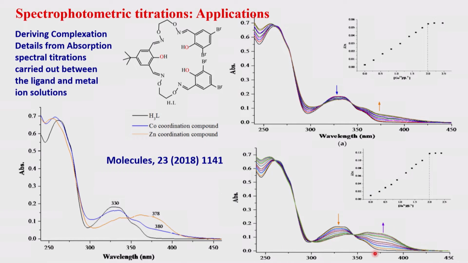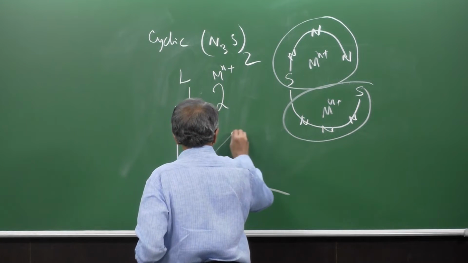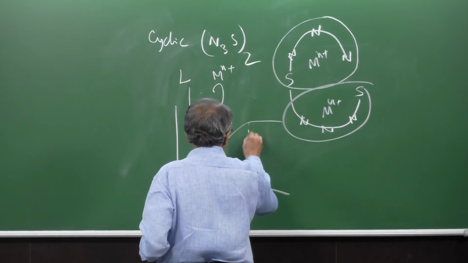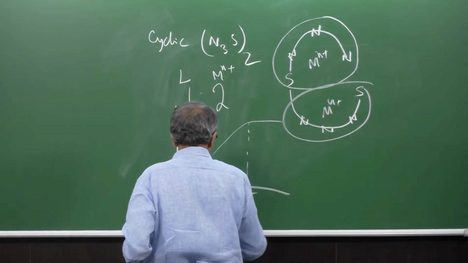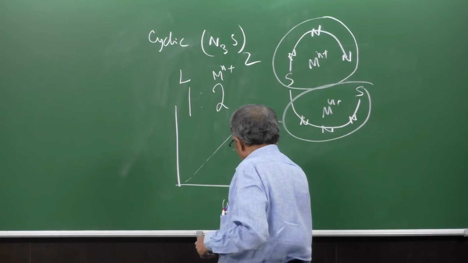So you can plot these intensities. Both of these plots have an increase in intensity somewhere here, and then it saturates, and this value is somewhere around 2. That is the metal ion per ligand.